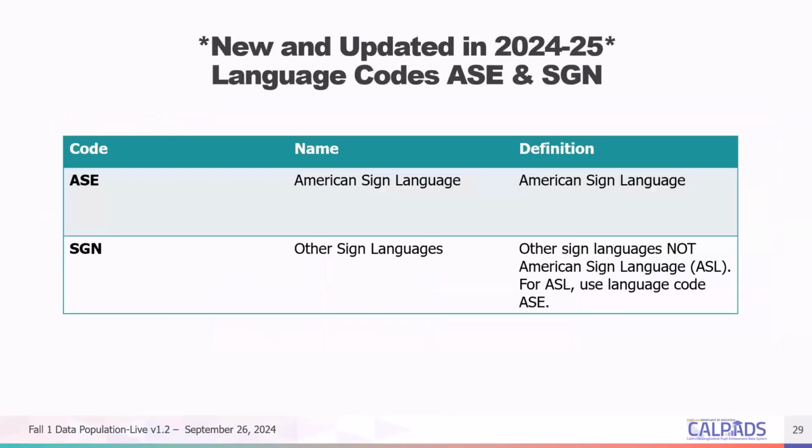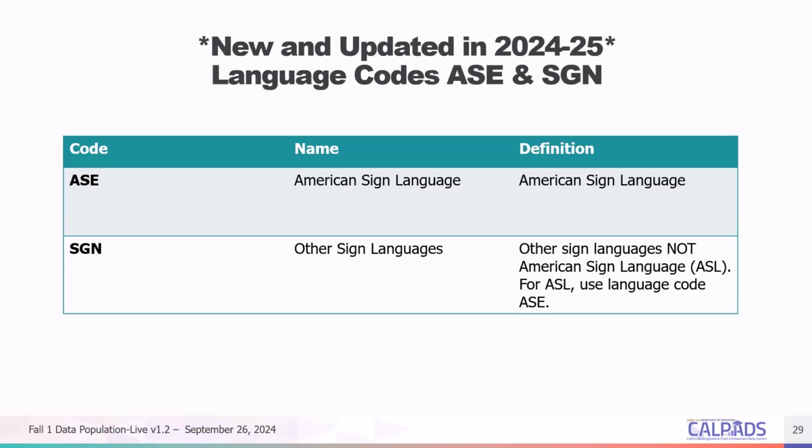There are some new and updated language codes in CALPADS, which are relevant to the SELA file in Fall 1 this academic year. So let's go ahead and discuss some changes and some updates that are relevant to the SELA record. In order to LPAC test students who have a primary language that is sign language, but that is not American Sign Language, CALPADS needs to distinguish between American Sign Language and other sign languages.